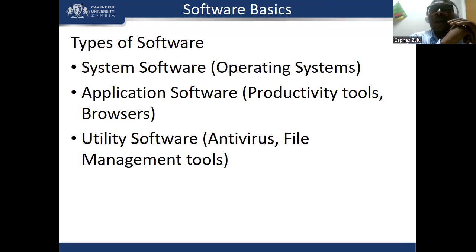Okay, now let's move on to look at the application software. Application software is normally used when the user wants to interact with the machine. It allows the user to be productive, and this is the reason why it's called productive software or productivity tools. Application software allows the user to interact with the computer depending on the function they want the computer to do for them.